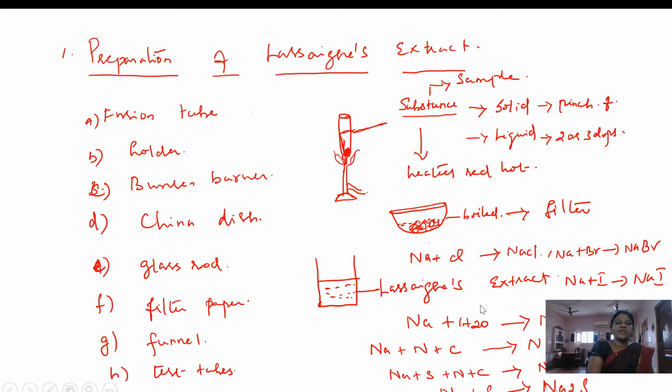If the given compound contains nitrogen, it forms sodium cyanide in addition to sodium hydroxide. Suppose the compound contains both nitrogen and sulfur in its structure, it forms sodium thiocyanate, and if it contains only sulfur, it forms sodium sulfide. If the compound contains halogens like chlorine, bromine, and iodine, the sodium compounds formed are sodium chloride, sodium bromide, and sodium iodide.